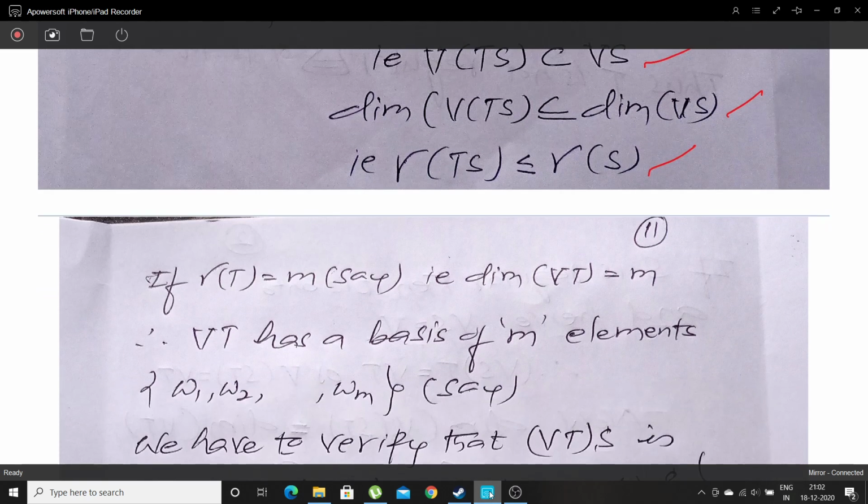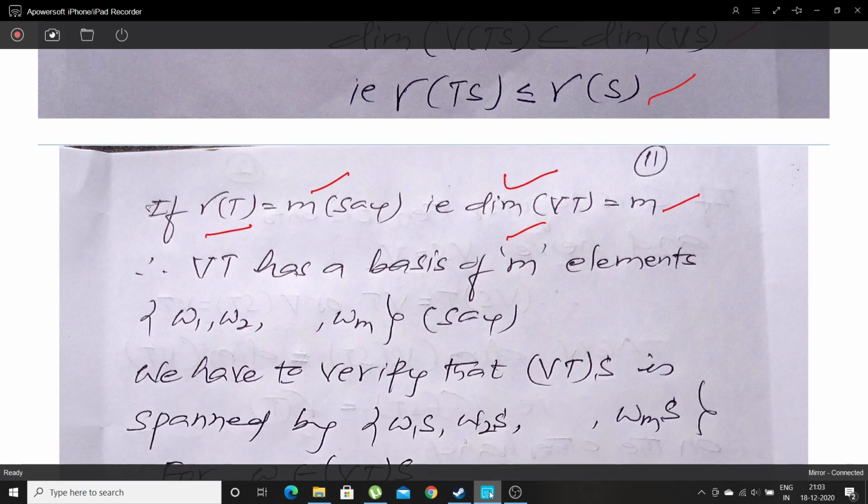Let me continue. If gamma of T, that means the rank of T, is M, say, that means dimension of range space of T is M. That means we denote gamma T by the dimension of VT, that is range space of T. Therefore, the range space of T, that is VT, has a basis.